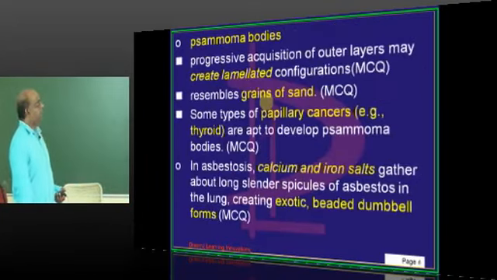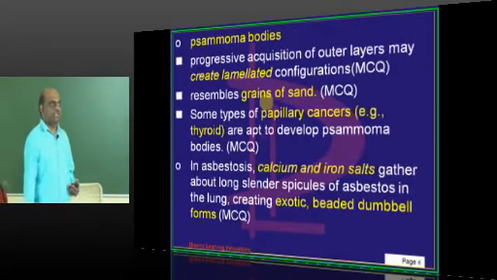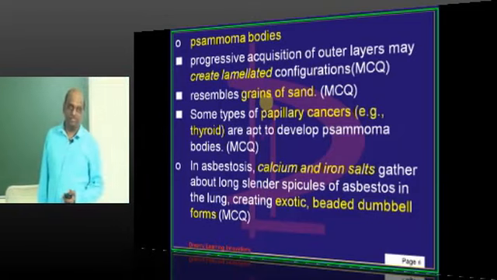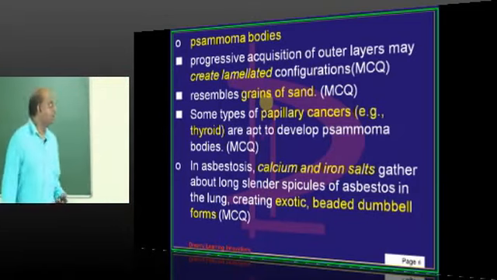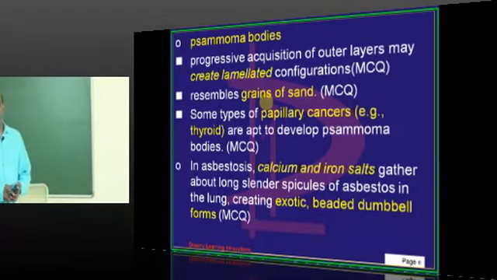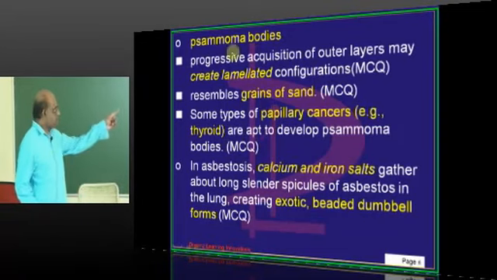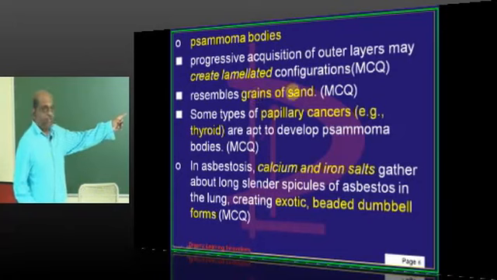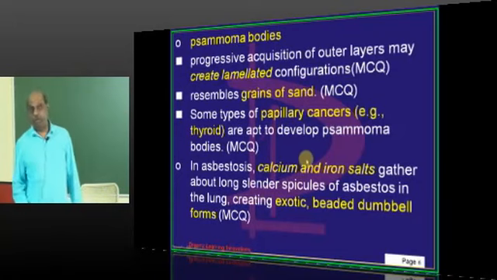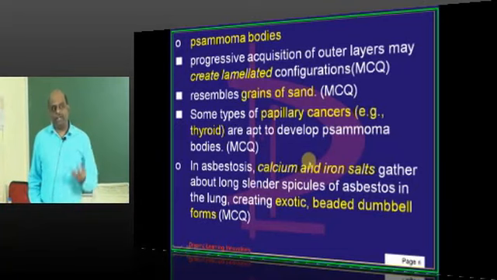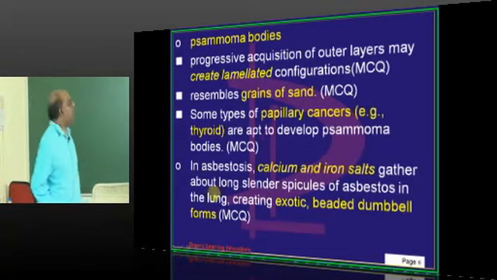Psammoma bodies are another example we need to talk about when we say dystrophic calcification. What are psammoma bodies? They are lamellated structures which resemble grains of sand, found in papillary cancers. It can be papillary thyroid cancer, it can be meningioma, in any of these entities.